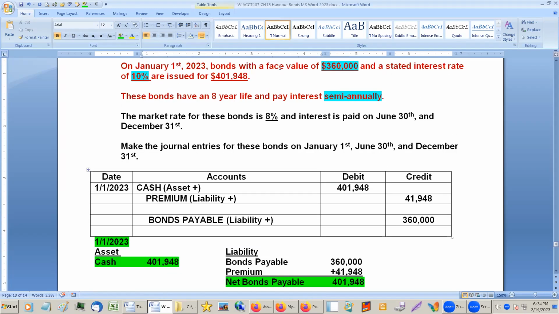All right, the indenture agreement. 360, 10%, paid semi-annual. I'm going to do it up here just to keep it all in one, so I don't goof up, basically. So 360 times 10% times 6/12, or just divide by 2.